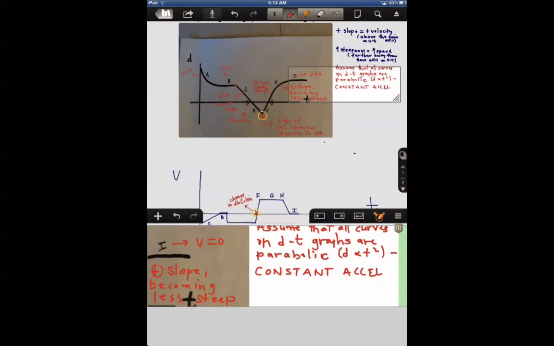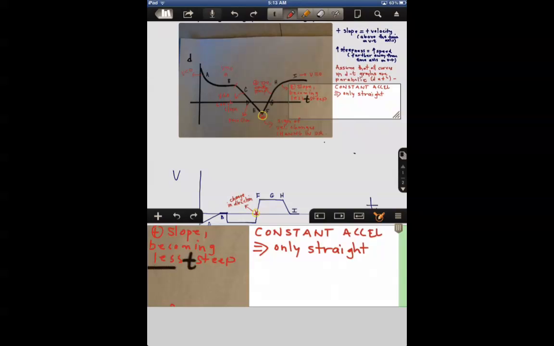And for a question like this, perhaps what is most important, you will have only straight lines on the VT graph. As I said, in the real world that is not the case, but for mathematical simplicity, that is what goes on here. And that's the end of this lesson.